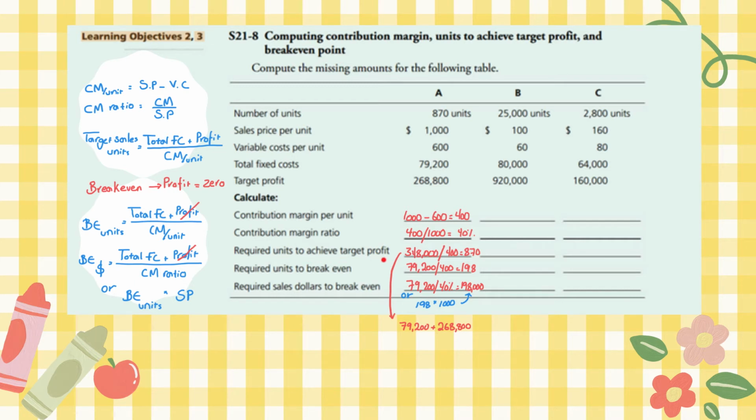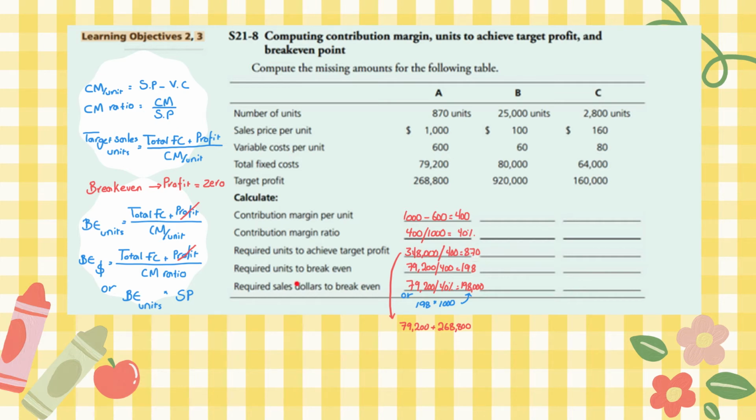Required units to achieve target profit, I'm gonna use this formula. Total fixed cost plus the target profit divided by the contribution margin per unit. So I added them down because I don't have space here. So fixed cost plus profit, it's going to be 348,000 divided by 400, you're going to get 870 units.